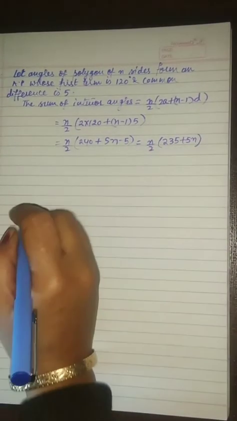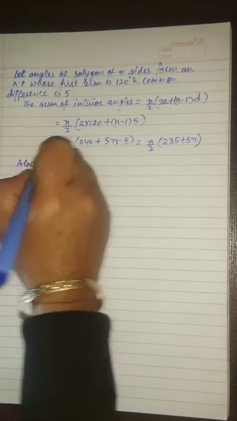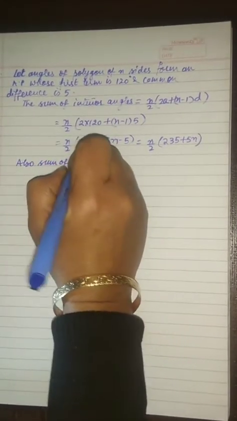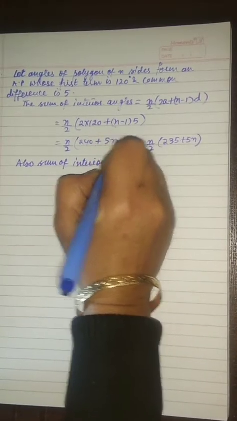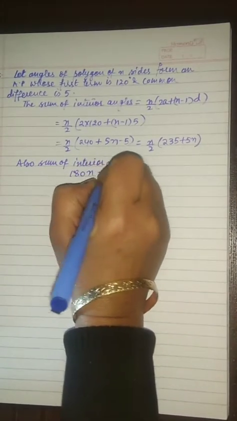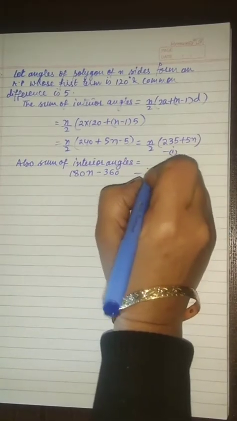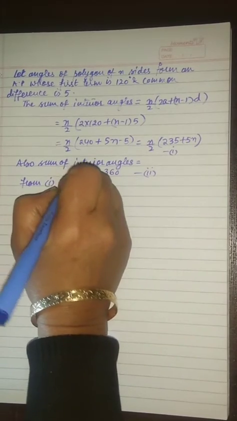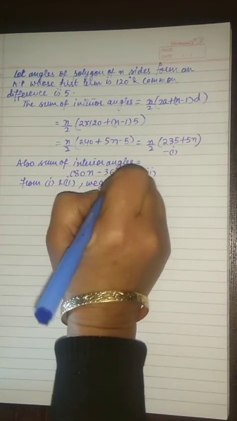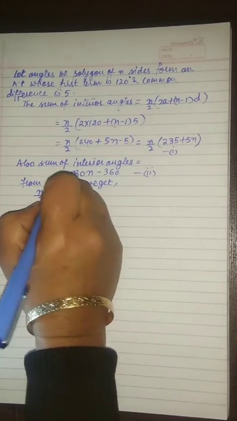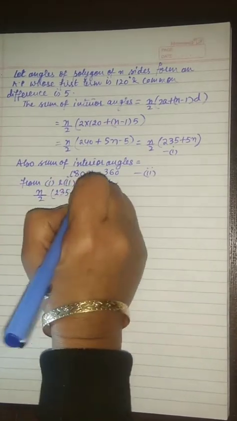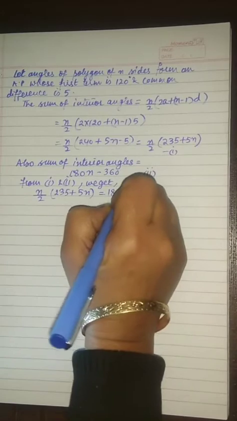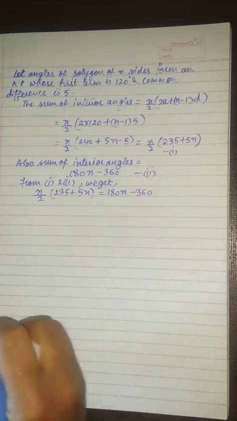Also, the sum of interior angles is equal to 180n minus 360. So we will equate both the equations. So from the first and second we get n by 2 times (235 plus 5n) is equal to 180n minus 360.